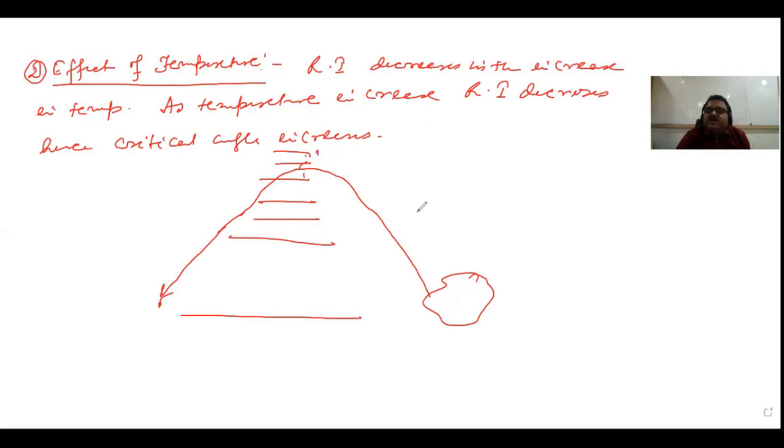But some of the important things take place with this critical angle and total internal reflection in the case of a prism. So now I'm going to discuss with you the application of critical angle in prism.